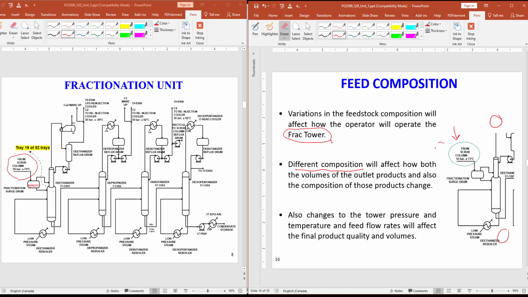This is your feed. Okay, the change in the tower pressure and temperature. If there is any change in the flow rate of this tower, the pressure and temperature of this tower, this will also change the top and bottom products, their compositions, their flow rates, and so on.